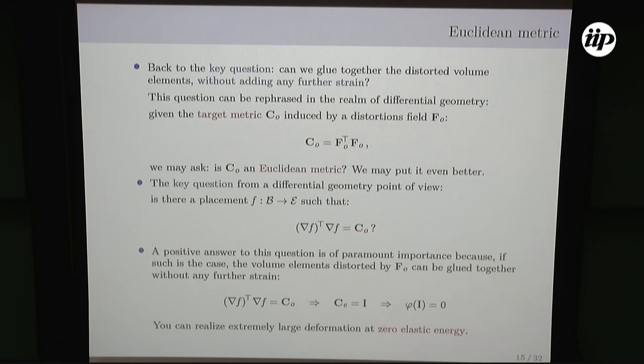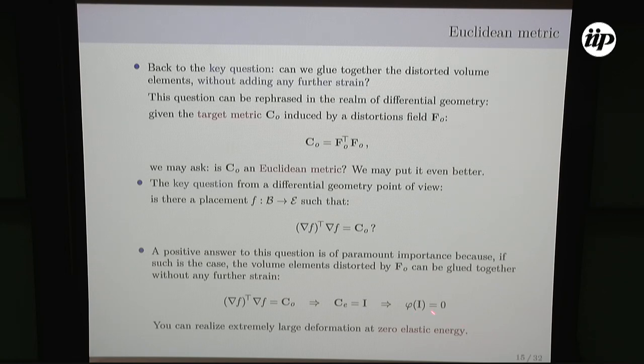If the answer is yes, it means that with a distortion, you can change the shape of a body. Also, you can induce a very large change of the shape for free without increasing the elastic energy. Because if this is true, then the elastic strain is the identity and the elastic energy is 0.